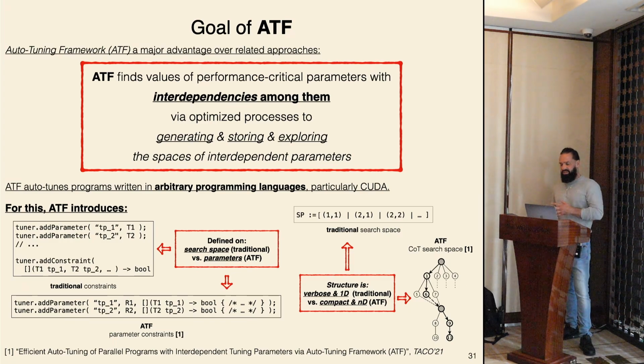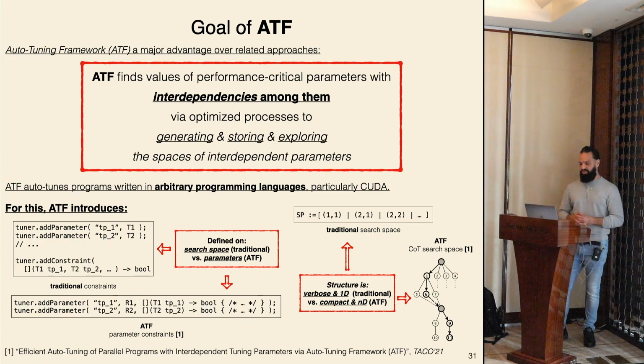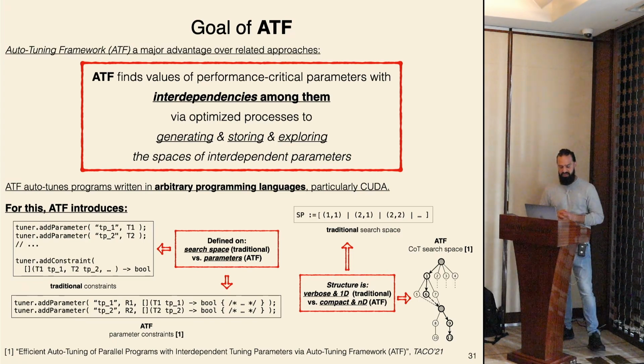So for example, that's particularly important when you target modern architectures like GPUs where you have hierarchies of memories and where you have different tile sizes on different layers. And of course the tile size on the lower layer needs to be chunked out of an upper layer tile, and that's something that you can express, for example, in ATF. And to efficiently handle these interdependencies among these kinds of constrained parameters, ATF introduces novel processes for generating, storing, and exploring the spaces of these parameters here.